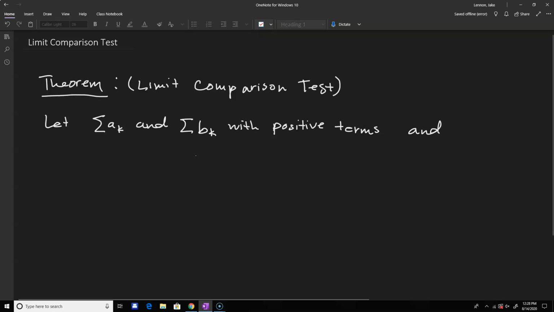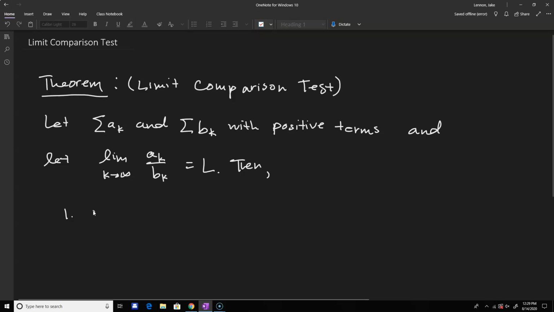And suppose they converge to some limit, so we're going to look at the ratio of them. So let's look at the limit of the terms as k goes to infinity. So let's write it as a sub k over b sub k, and let's say this is some limit capital L.